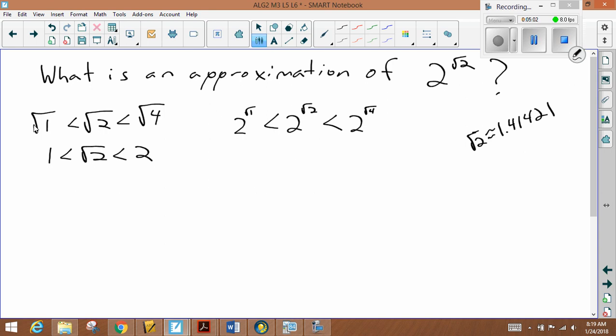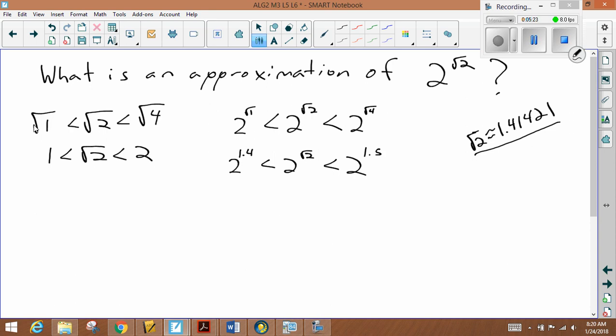I can take it a little further out, and I can say, if I have this decimal approximation, I could take it one more decimal out and say it's between 2 to the 1.4 and 2 to the 1.5.